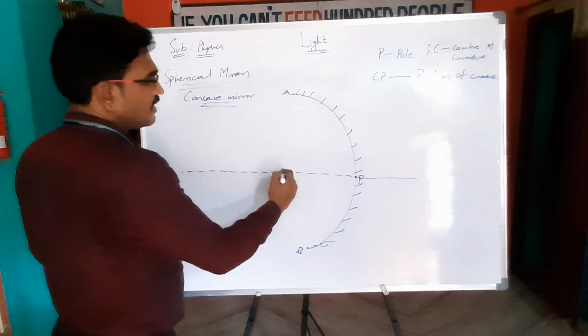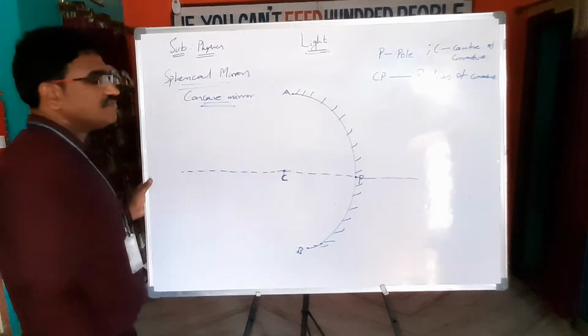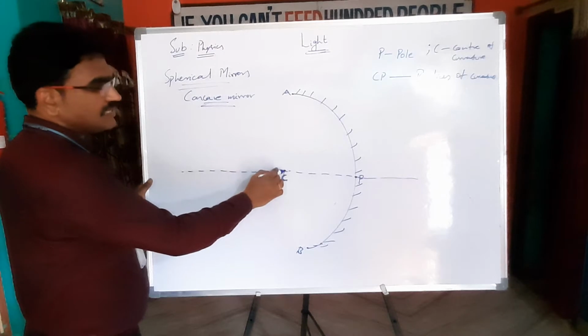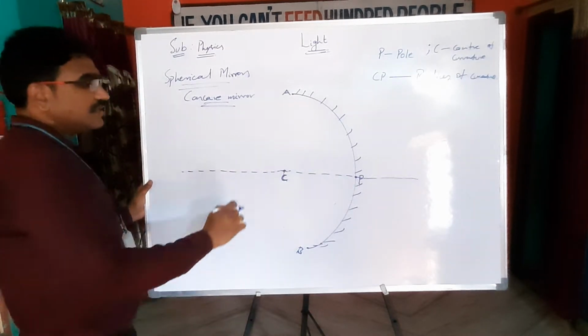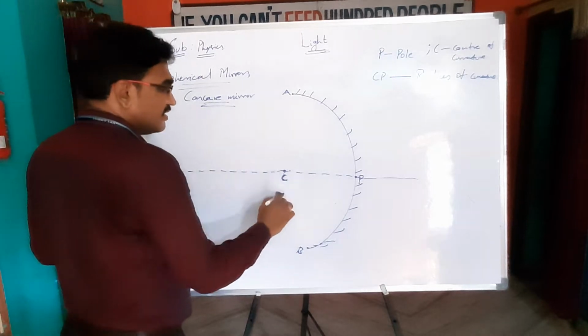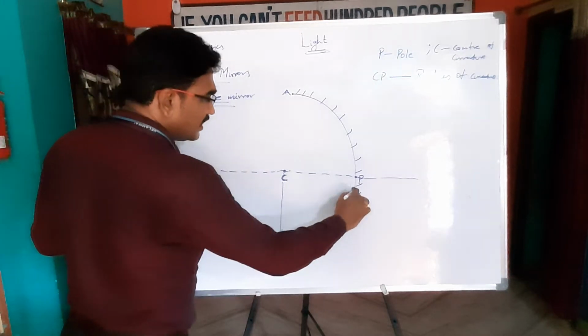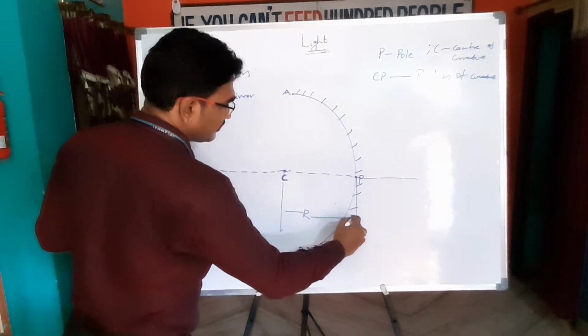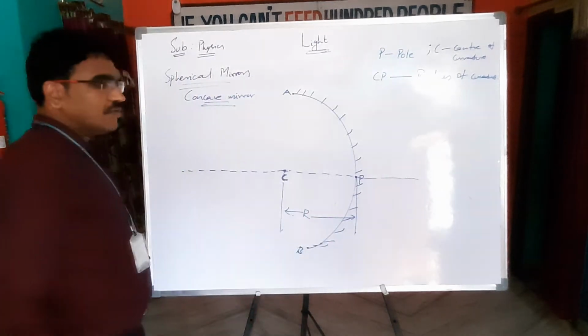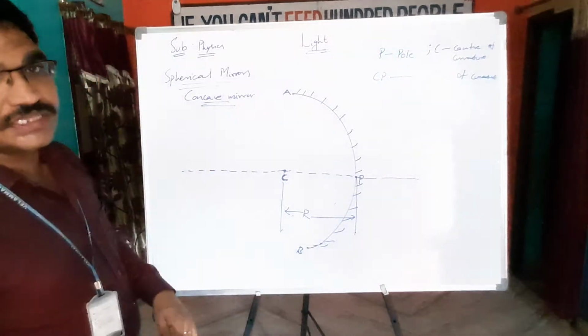So CP I can take as the radius of curvature, because this is the center of the sphere and P is a point on the surface. This is what I have written there.